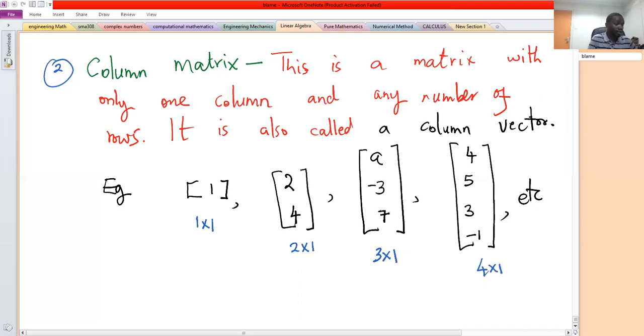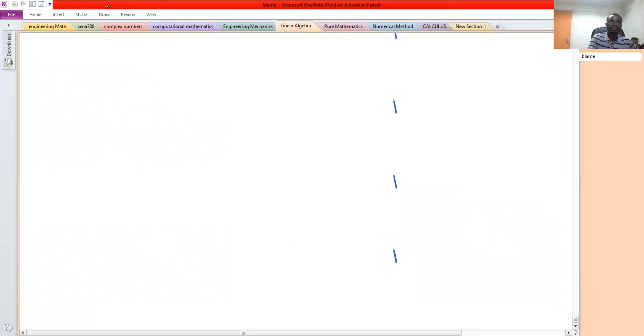So those are examples of column matrices, or sometimes simply called column vectors.